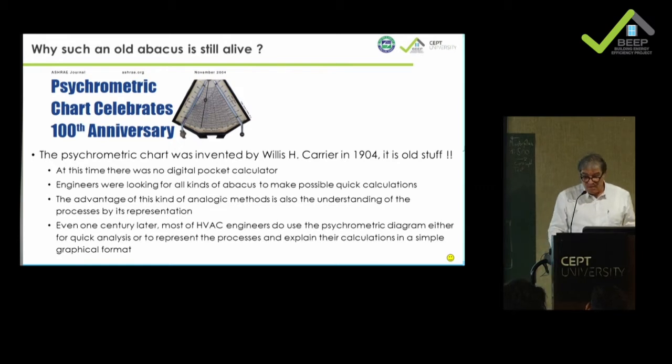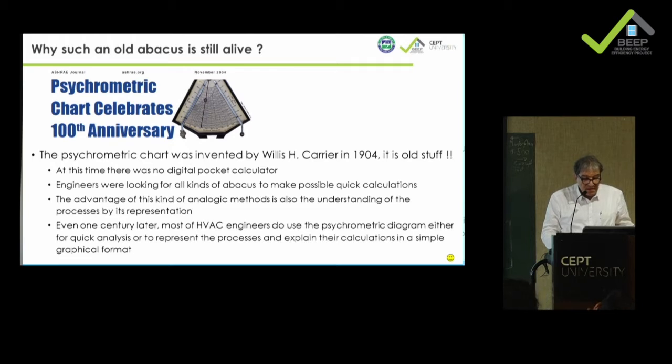A long time ago, people were looking for a kind of abacus which could help in doing some calculation. The advantage is that it's not digital, it's analogue, so it's easier to visualize things. When you crunch numbers, you get numbers, but how do you relate them? 22, 55, you don't visualize. When you see a difference graphically, it's a big advantage.